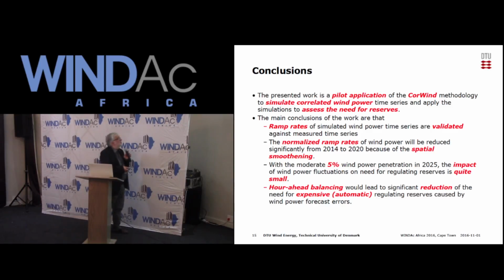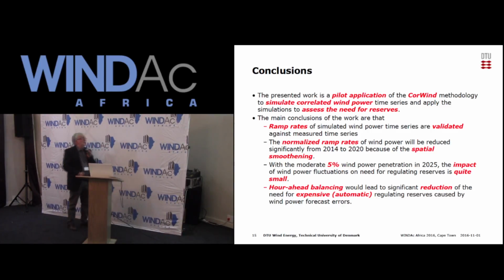Main conclusions of the work are that we have actually validated, using the real data, that we are capable of simulating with very high quality ramp time series which have ramp rate statistics that are very likely the ones that we measure.